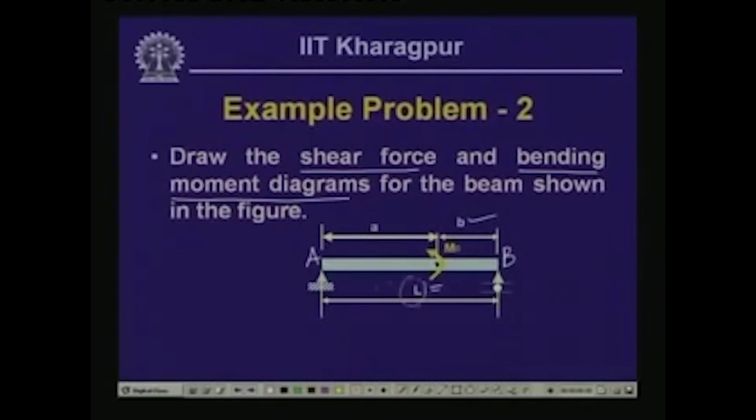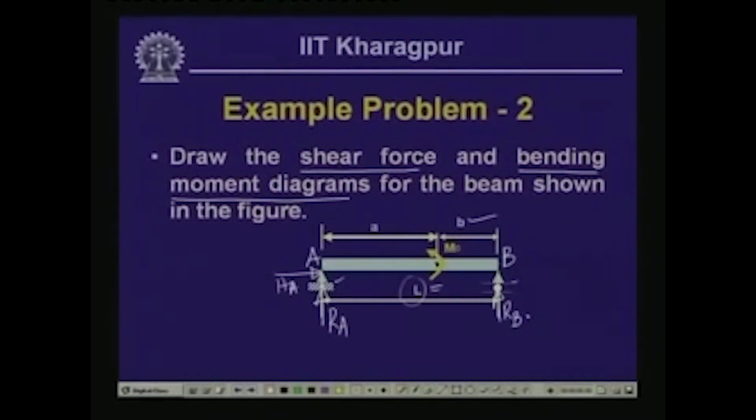The span of the beam or the length of the beam is equal to L. And as we have seen earlier, again this is supported on a hinge and this is supported on a roller, and as usual we will have a vertical reactive force here which is Ra, and a horizontal force which is Ha, and a vertical reactive force which is Rb.